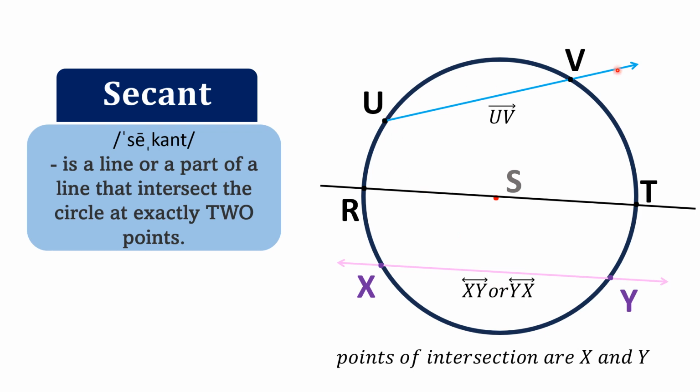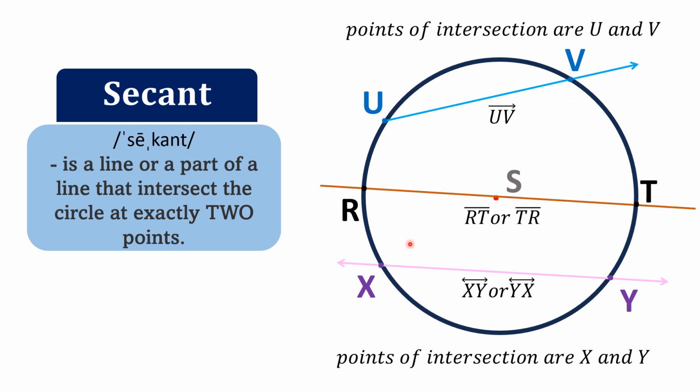Points of intersection are point U and V. And the other secant is segment RT or segment TR. The points of intersection are at R and T.